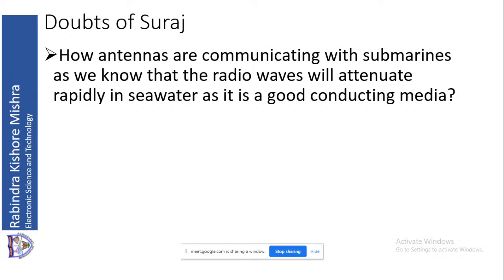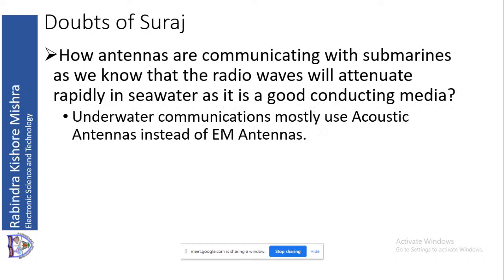Otherwise, if it is not near the shore, then we do not go for EM communication. Mostly underwater communication is acoustic or sonar communication, sonic communication. If you are on earth or out of water, we use radar. When we are within water, particularly in seawater, we use sonar.